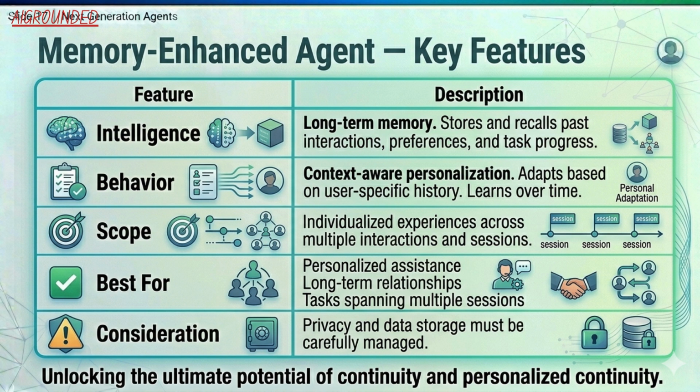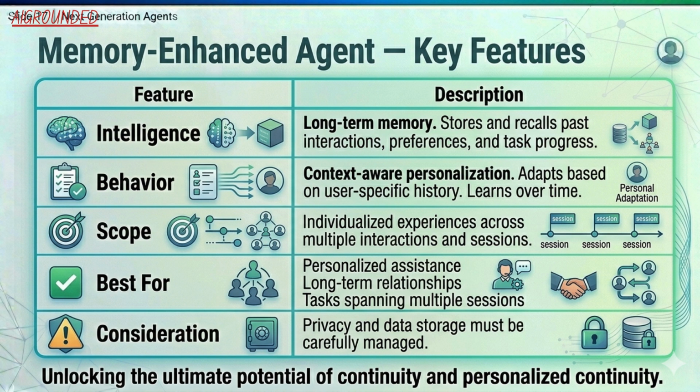The key characteristics of memory enhanced agents highlight what makes them uniquely powerful. Intelligence: long-term memory that stores and recalls past interactions, learned preferences and task progress across sessions. Behavior: context-aware, personalized, genuinely adapting based on user-specific history, not generic responses.